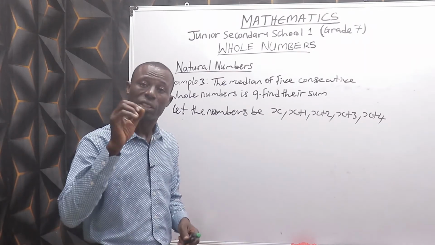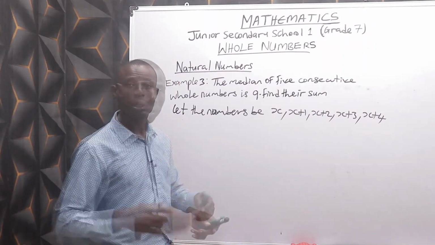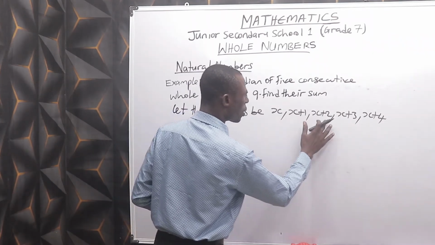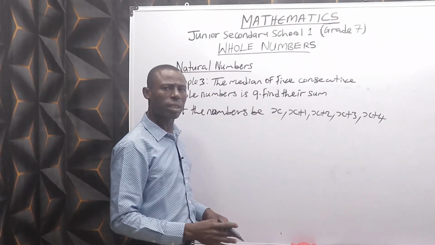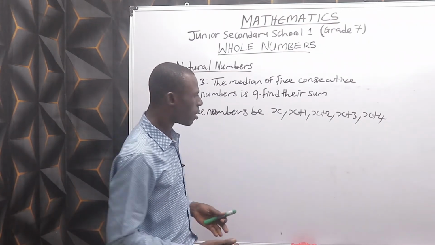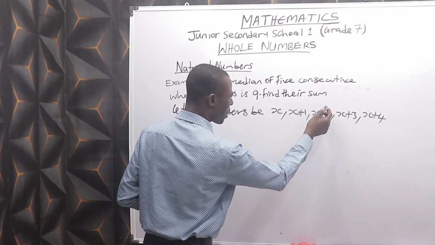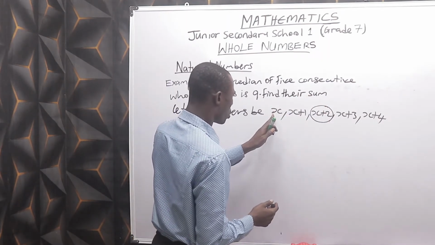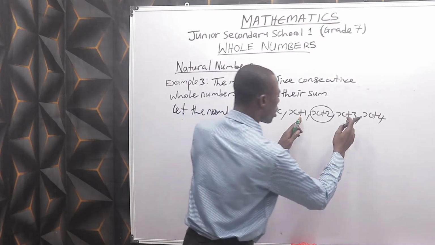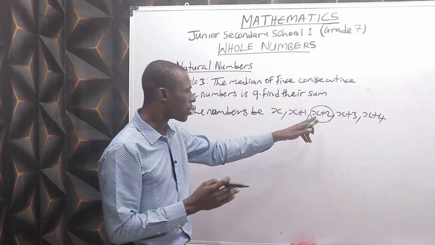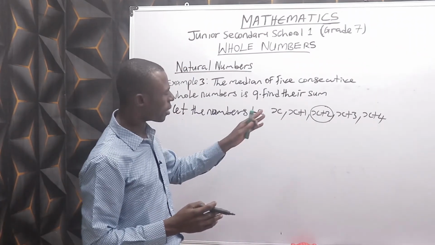Whatever we get is the median of such data. So in this case, they are 5: 1, 2, 3, 4, 5. Definitely a single number will be at the middle, at the center, and that middle number is this x plus 2. We have 2 numbers to the left, 2 numbers to the right. The one at the center is the median.